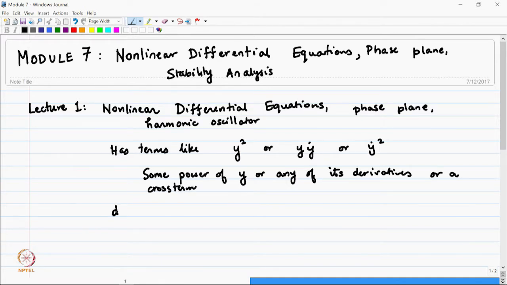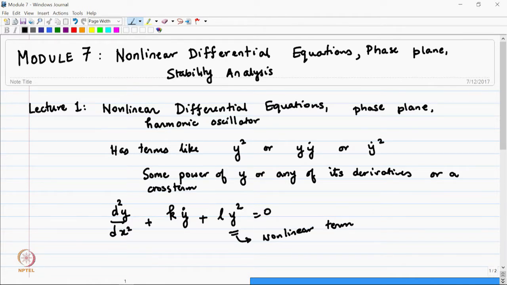So, for example, if you have d square y by dx square plus k y dot plus L y square equal to 0. So, this is a nonlinear term.